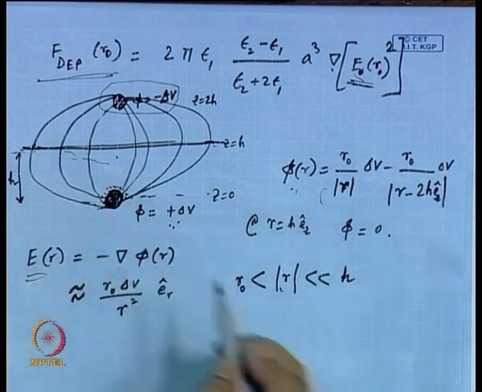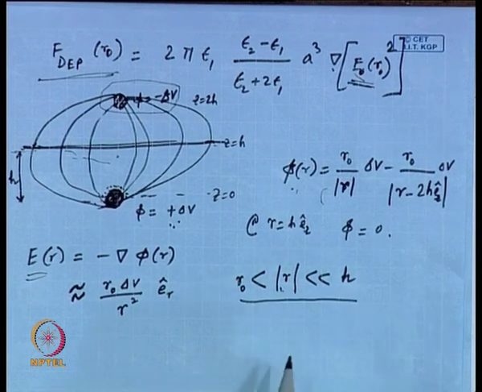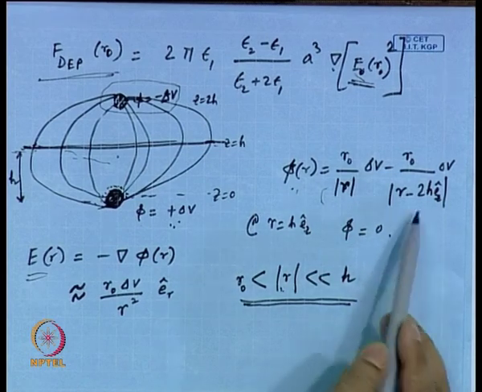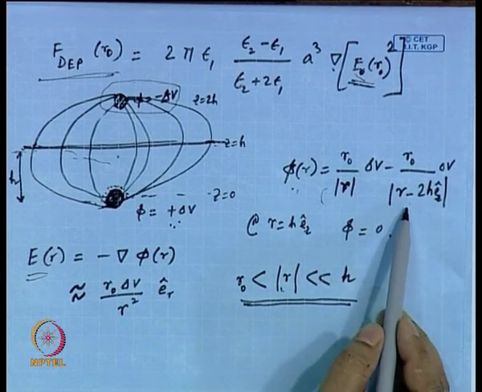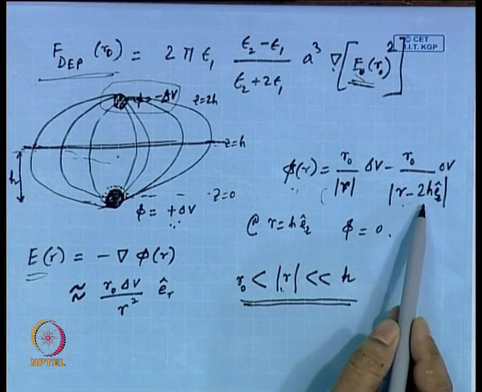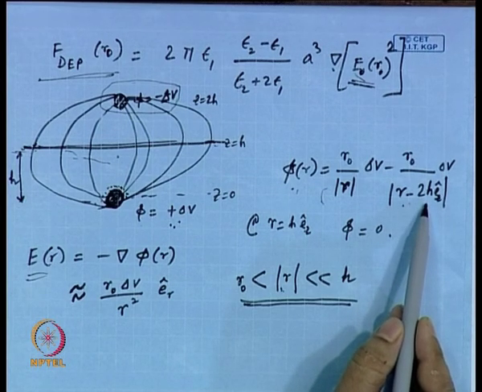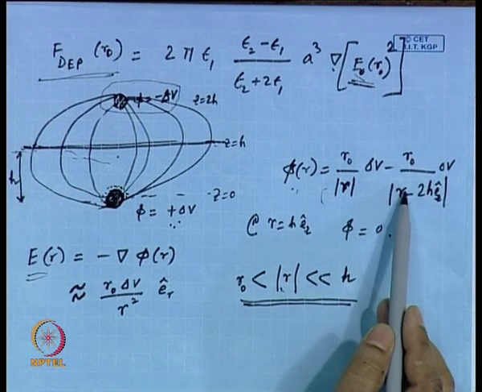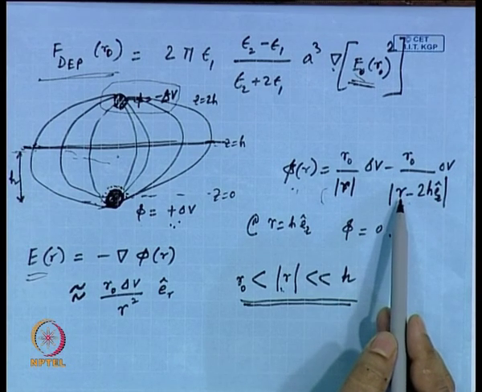All right. So, this is an approximation you are making here, and if you make it, look at this one. If r is much less than h, then r would be much less than 2h. Then this term, whether you have r or not, does not make much of a difference.